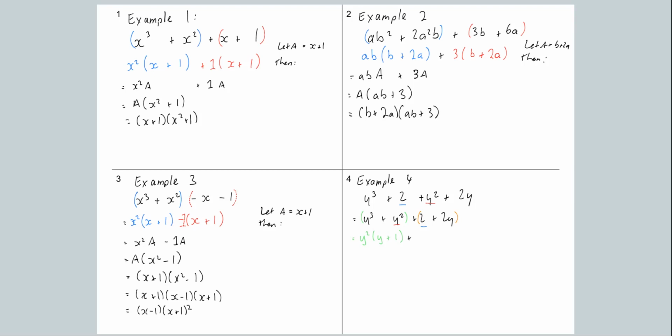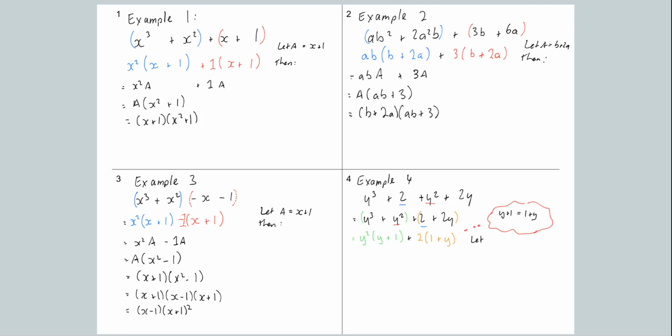And then we've got a common factor of 2 here, and that leaves me with 1 plus y. Now, a random thought bubble here: don't forget that because order doesn't matter, y plus 1 is the same as 1 plus y. So even though they look different, they are the same factor.